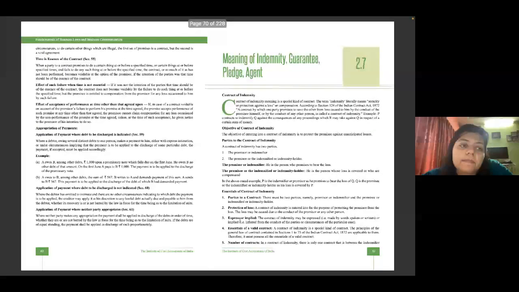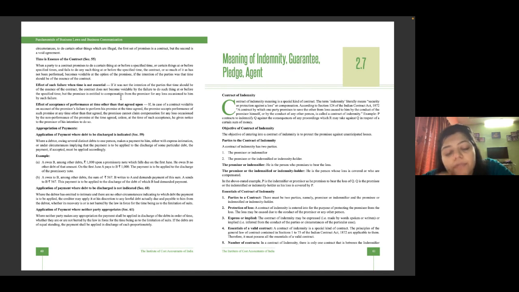And time is the essence of contract. So reasonability of a contract acceptance is something that is determined even by time. If, say, through the passage of time, there is a certain acceptance that you have not made, the same acceptance can't be done after the lapse of a considerable period of time.